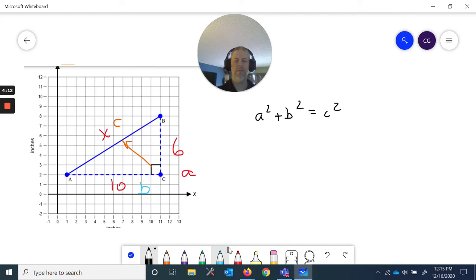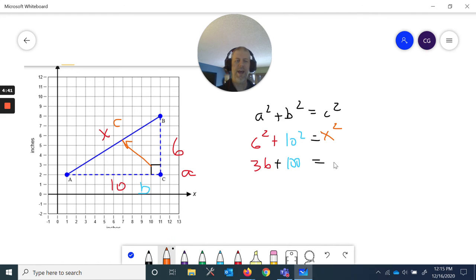So we're going to do 6 squared plus 10 squared, and that's going to equal x squared. Remember, squared means times itself, so 6 squared is 36, plus 10 squared, that's 100, and that equals my x squared.